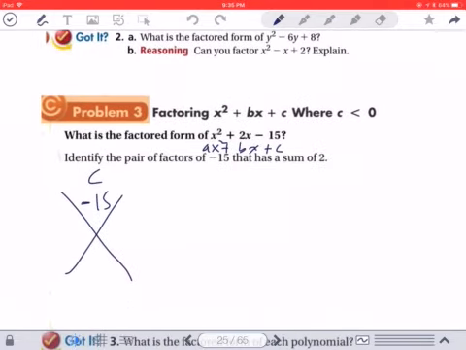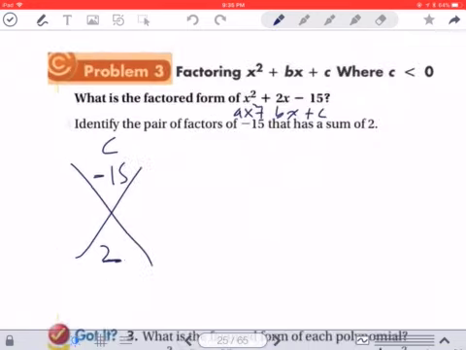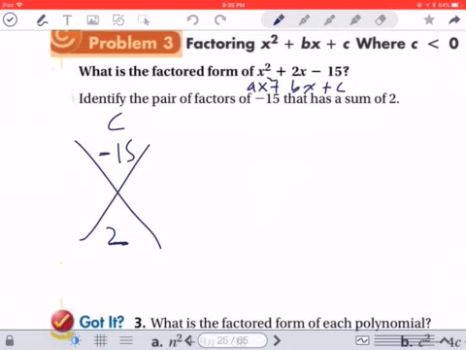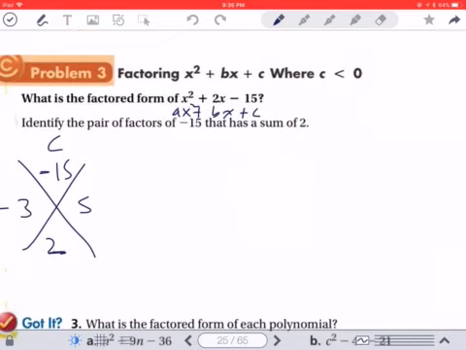And my b value is going to be 2. Okay, so what multiplies to negative 15 and adds to a positive 2? Well, it's going to be negative 3 and 5. So when I factor this, this is going to factor into x minus 3 times x plus 5.